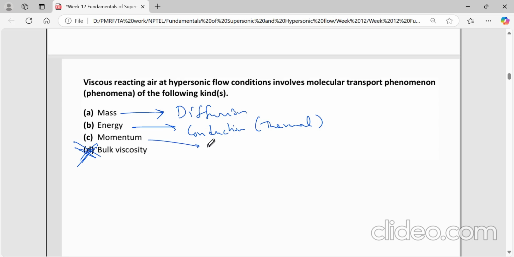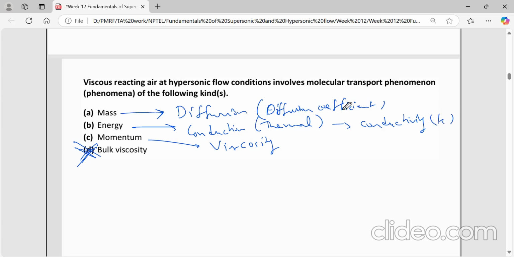And due to a difference in momentum, there is a phenomenon which gives viscosity. Diffusion is related to the diffusion coefficient, and this is also under thermal conductivity.